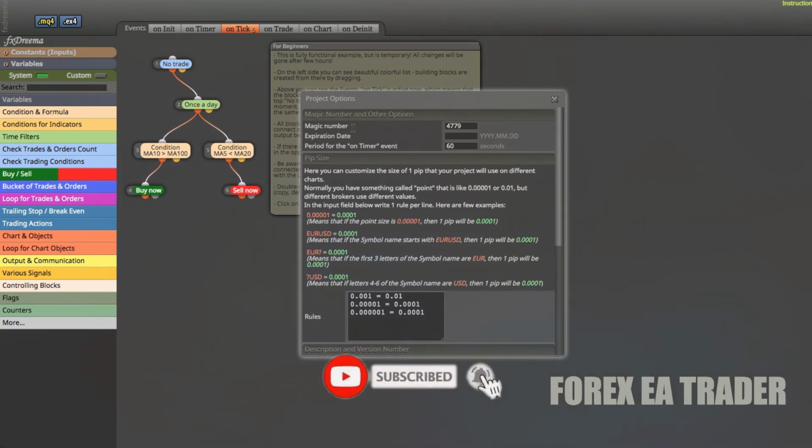So if you use your robot with the magic number 0, usually the robot is not going to manipulate those trades, because it's going to think that they were manually placed, because 0 is the default magic number for manually placed trades on MetaTrader 4 and MetaTrader 5. So try and use some different combination of numbers if you're going to be using magic numbers.